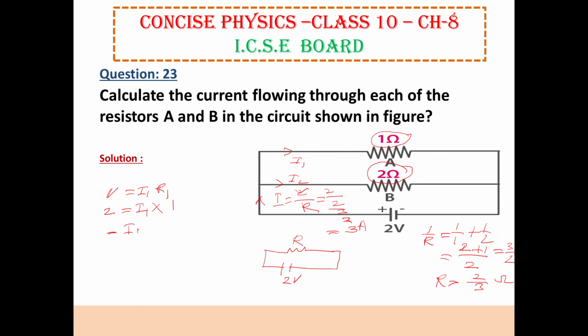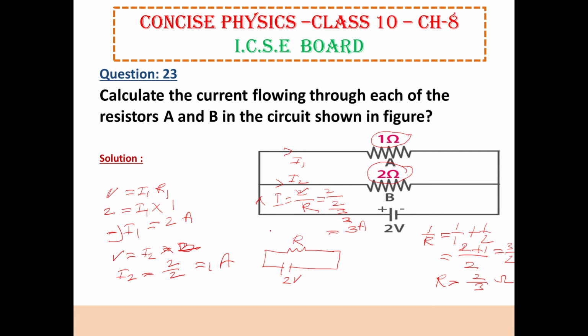So I1 is coming 2 ampere. In case of the 2 ohm resistor, again apply the same formula, V equal to I2 into 2. So it is coming I2 equal to 2 by 2 equal to 1 ampere.